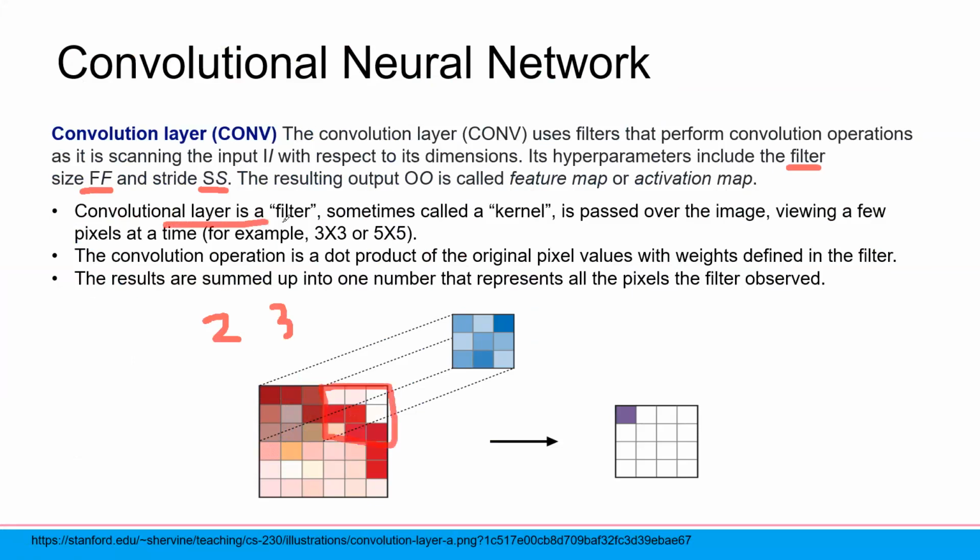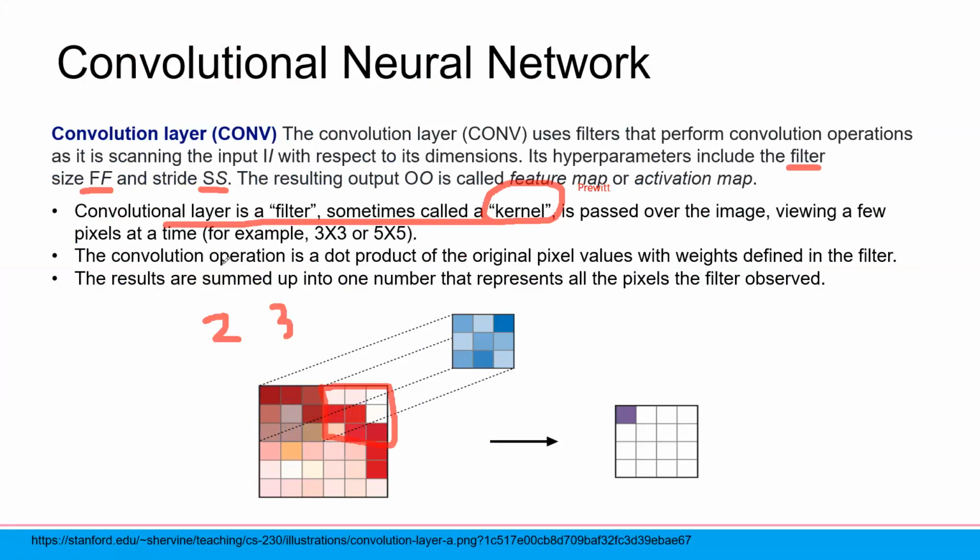So the convolutional layer is a filter, sometimes called a kernel. One kernel that you already learned before is the Prewitt kernel. Okay. It is passed over the image, viewing a few pixels at a time. You can define this to be 3 multiplied by 3 or 5 multiplied by 5 and so on.